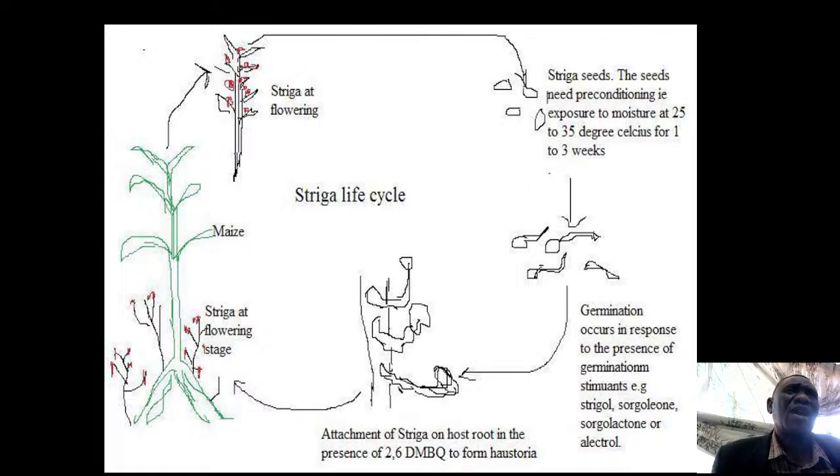So there's going to be a physical connection between the host and the parasite. That physical connection is a structure which we call the haustoria. That will enable the parasite to get carbohydrates, some nutrients, and water from the host.